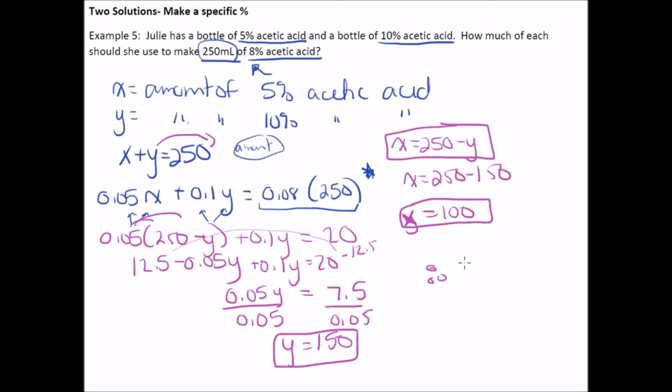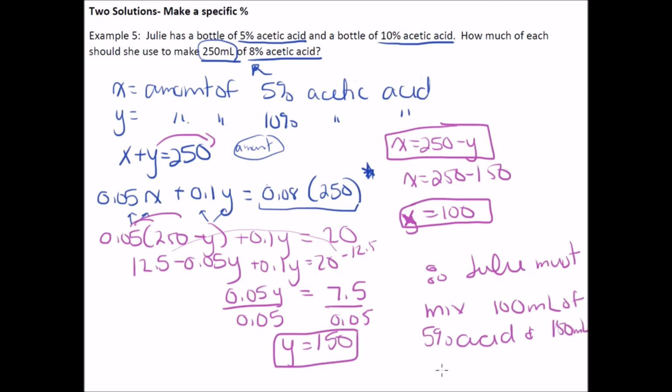Okay, so therefore, Julie must mix 100 milliliters of 5% acid, and 150 milliliters of 10% acid. Sorry, 10% acid. And that's in order to get that balance of 8%.